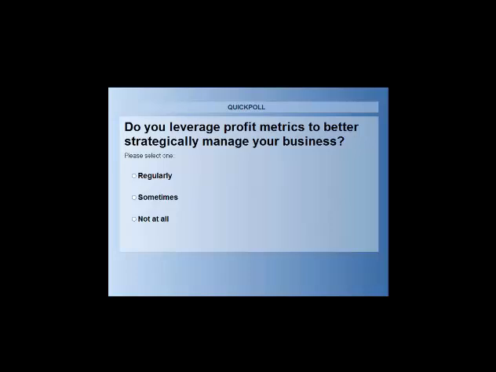Wow, I don't think I've ever seen our answer bars jump around so much. We've got a lot of variation here, which quite honestly doesn't surprise me. So I'm going to give a couple more seconds for everybody to finish weighing in, and then I'm going to share the results with everybody.